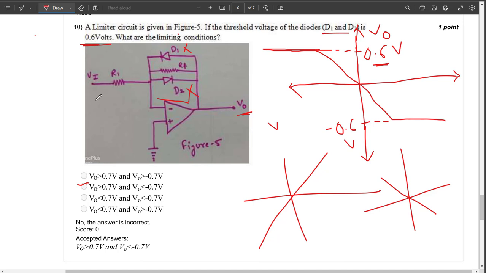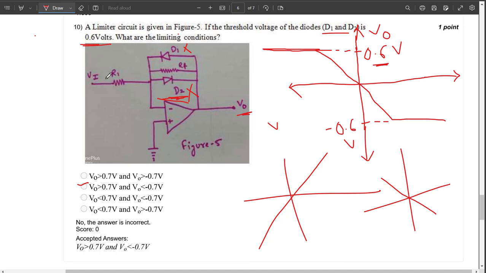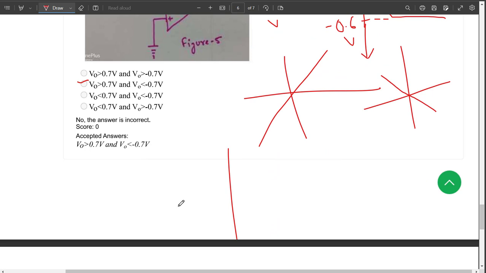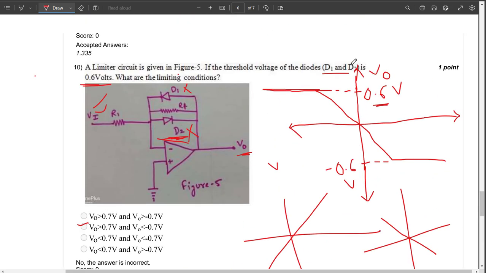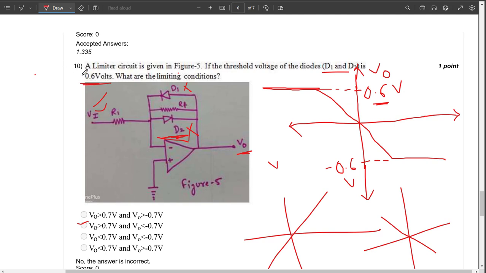So in the limiter circuit, what is happening here is, whenever our VI goes above 0.6 volts, then D2 becomes forward biased, and D1 becomes... So whenever VI is above VD, for our diodes to conduct, D1 and D2, we need a minimum of 0.6 volts.